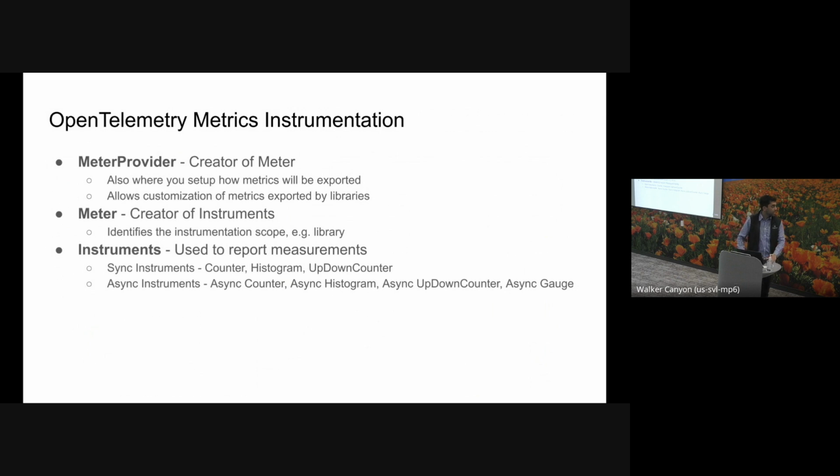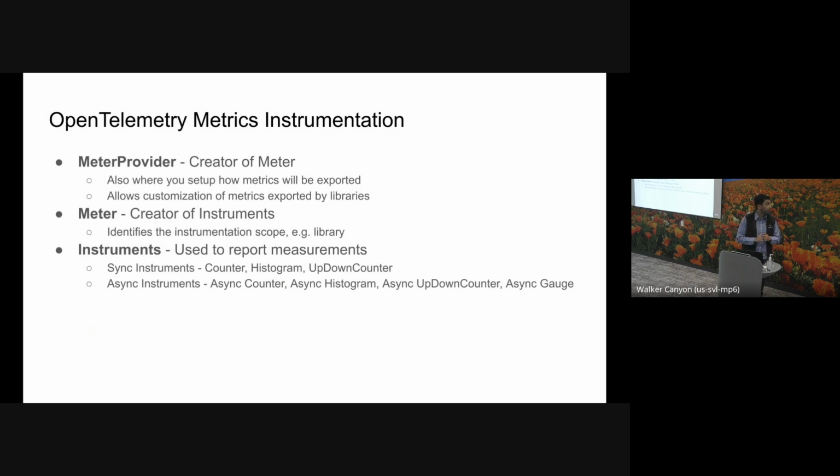Going a bit into the APIs, and this is just so that the later examples and demo don't seem too foreign. I'll try to not be too boring over here, but the meter provider is the entry point of the API. This is where you configure your exporter. This is where you tell OpenTelemetry, this is how I want the metrics to be exported to this backend.